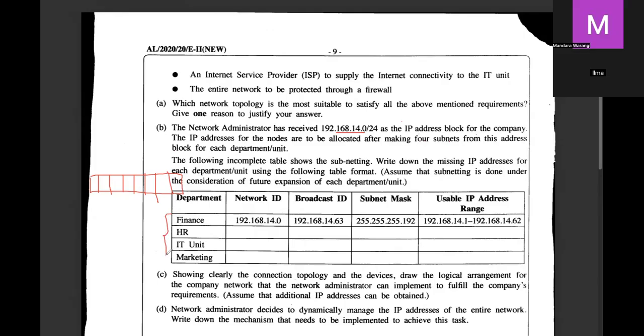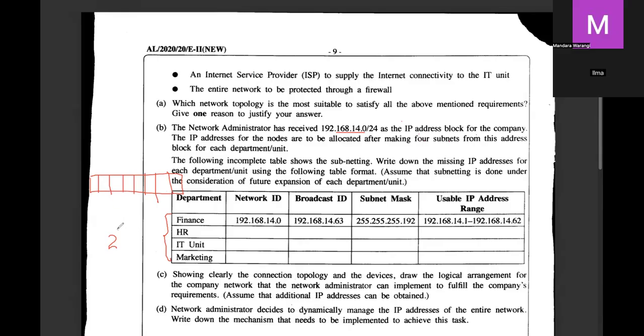Four subnets means how many bits should be taken? There are 256 addresses, so we need to take some bits for the network part, right?